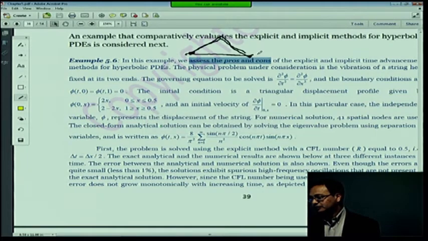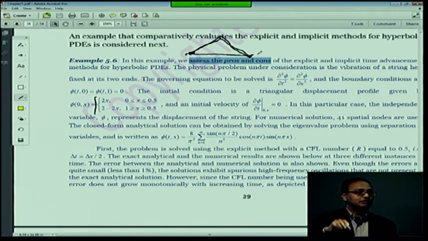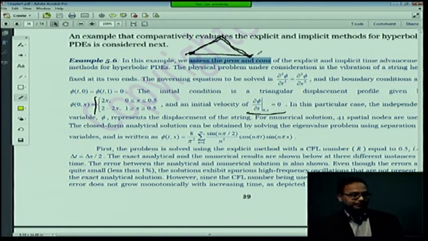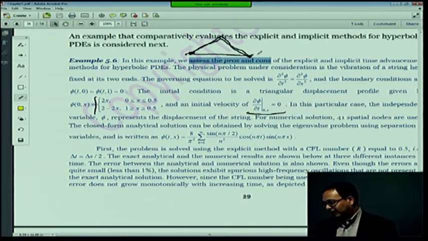So this profile that you see here, 2x and 2 minus 2x between x equal to 0 and 0.5 and 0.5 and 1, that's this profile. It's a piecewise linear profile. That's my initial condition, and then initial velocity I'm setting to 0. Or I shouldn't call it velocity, but d phi dt.